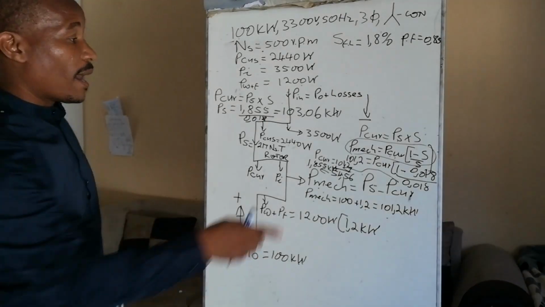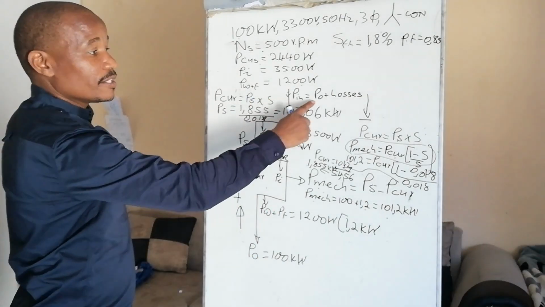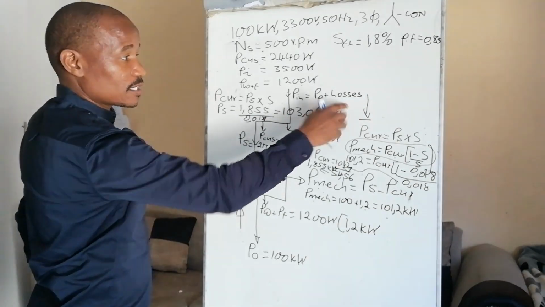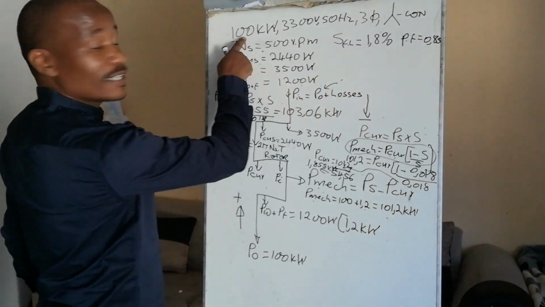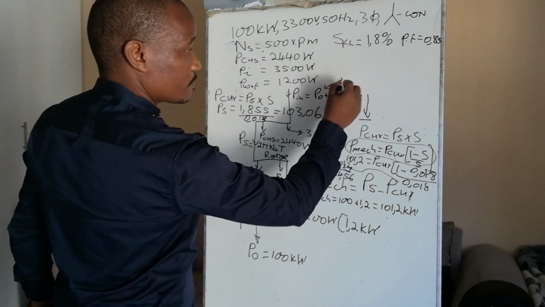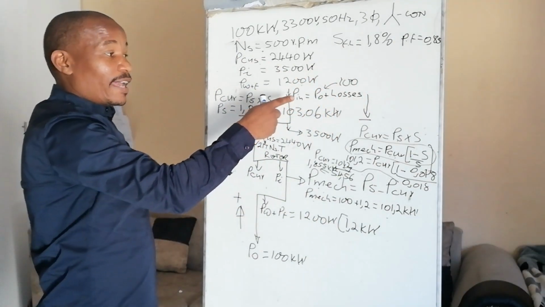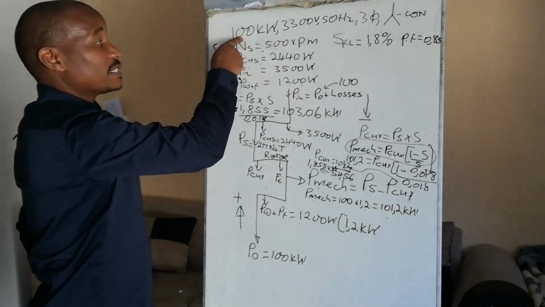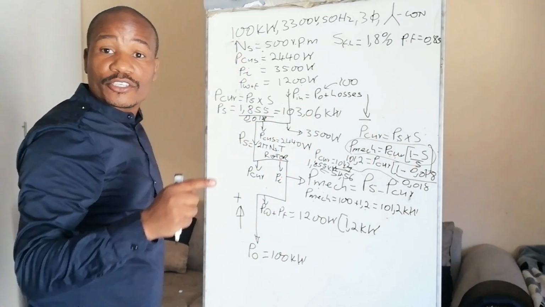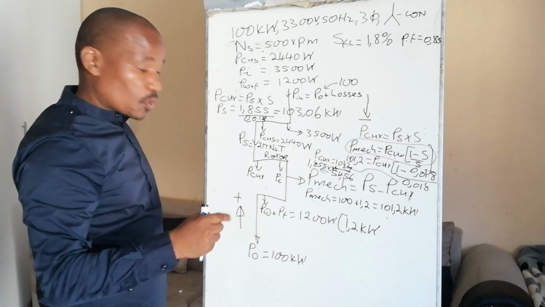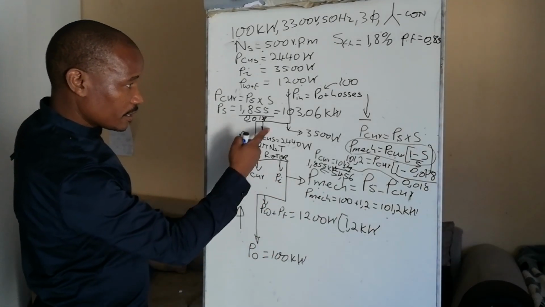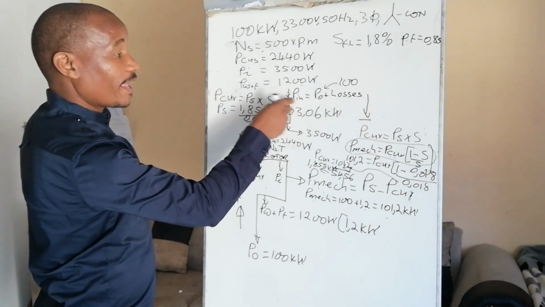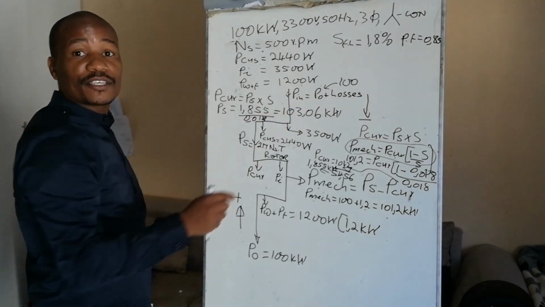The question now arises, what is the input power? It is the output plus losses. The output is given as 100. I can bet with you, the reason why people struggle with this, they consider this 100 kilowatts as the input power. That's not. You have to calculate the losses first and add them to the output to get the input.